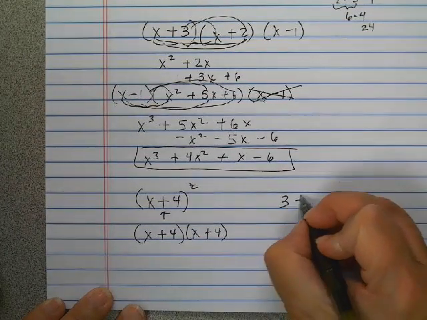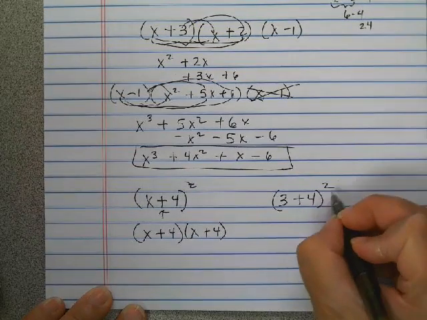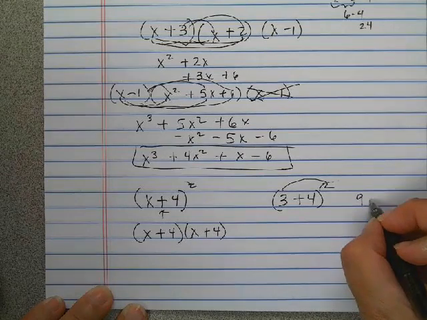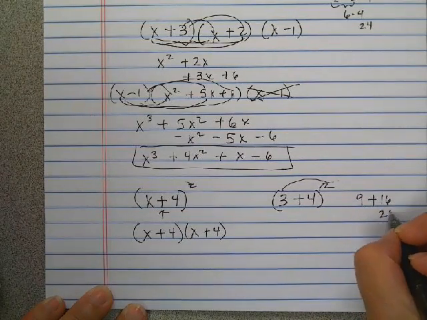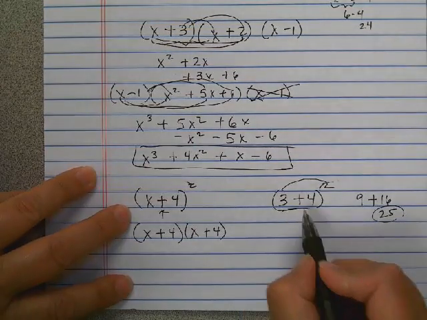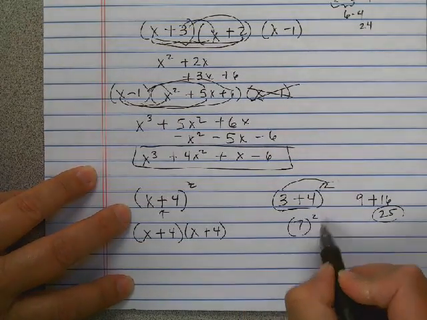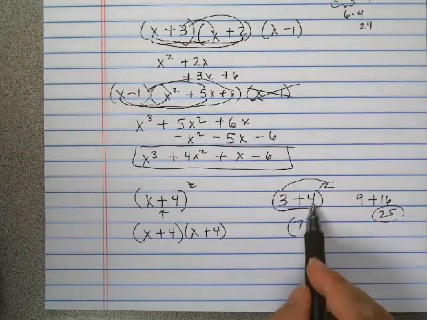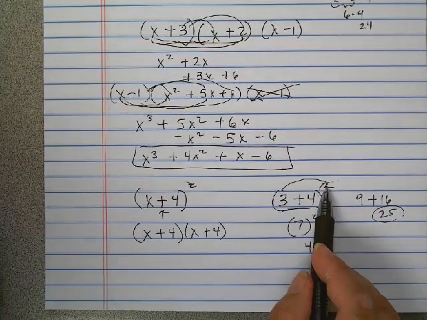If I had two numbers in here, like this, if I chose to just square each one of those, I would get 9 plus 16, which is 25. But if I actually do what's inside here first, and then square it, I get 49. So because of the order of operations, you'd have to do what's in the parenthesis before you square it.